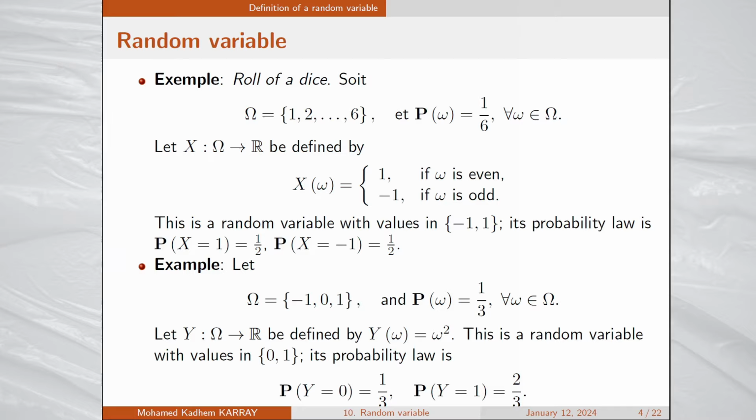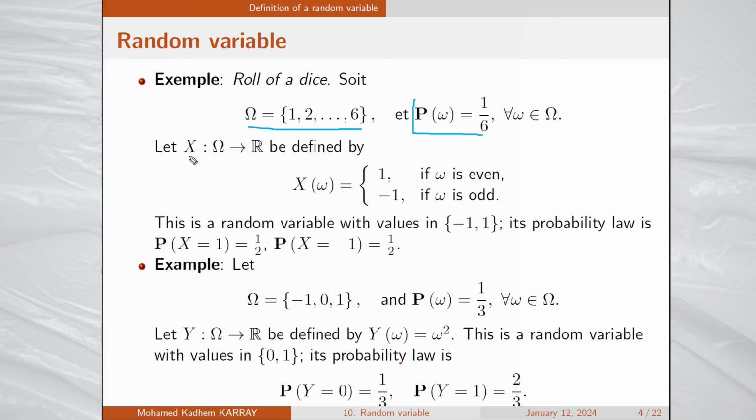Here is a first example of random variable. Remind the experiment of rolling a dice where we introduce the universe to be the set of integers between 1 and 6, and we consider the uniform probability on this set. The probability of each elementary event equals 1/6.